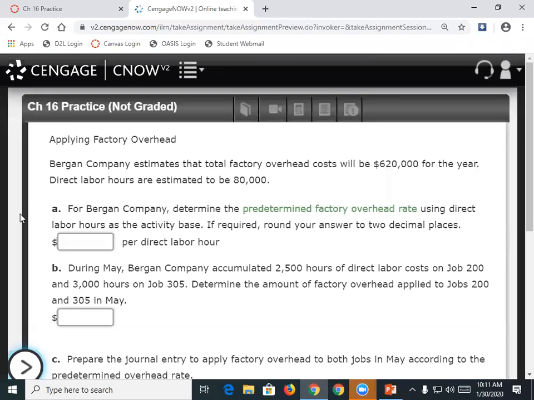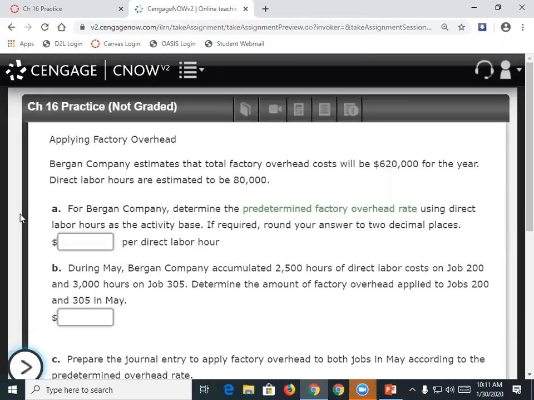So what's my estimated total overhead? Yeah, it's just the 620,000. And what's my estimated activity base? 80,000. And that's direct labor hours.